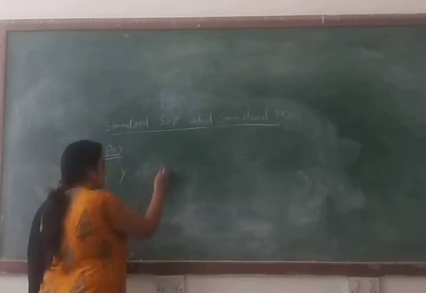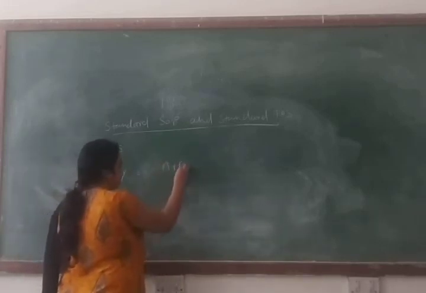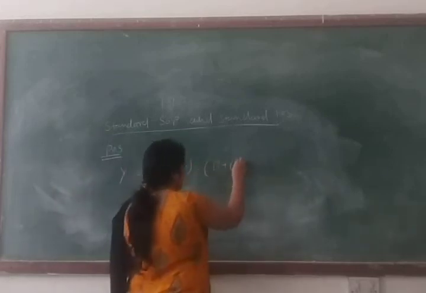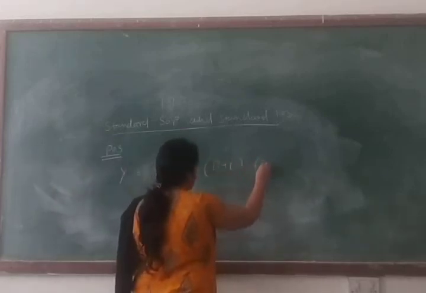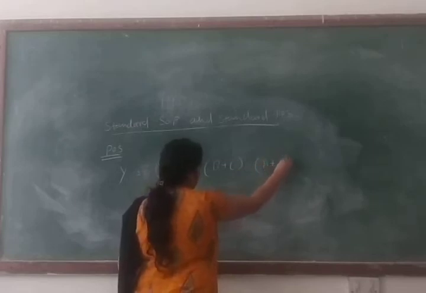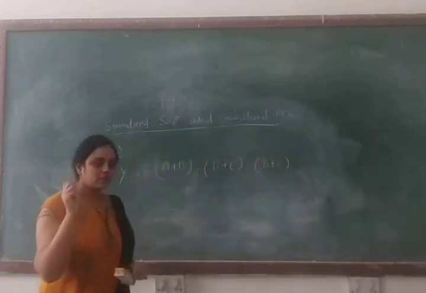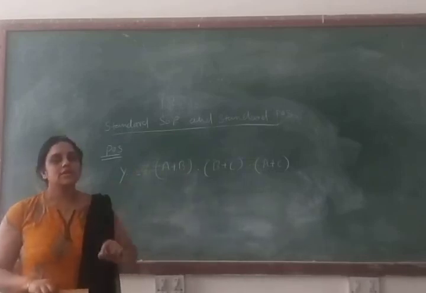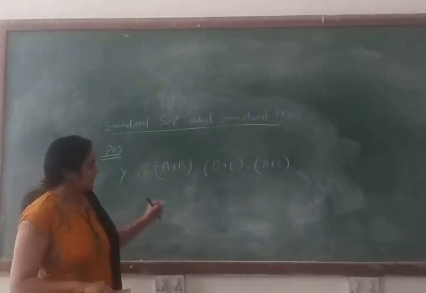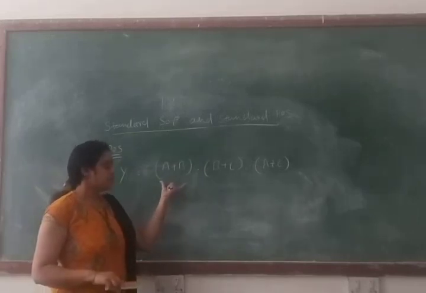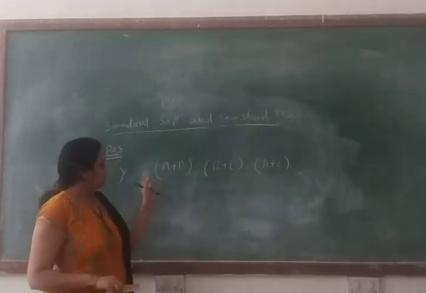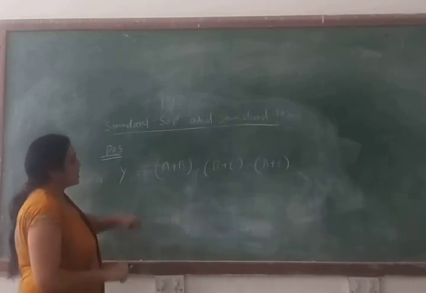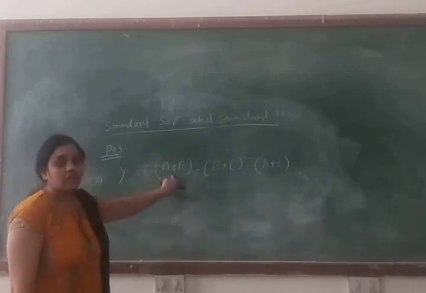So this is your logical expression, A plus B dot B plus C dot A plus C, right? So first you have to identify whether this is a standard POS form or a non-standard POS form. So for this we take the first term, and in your logical expression you can see you are using three literals.